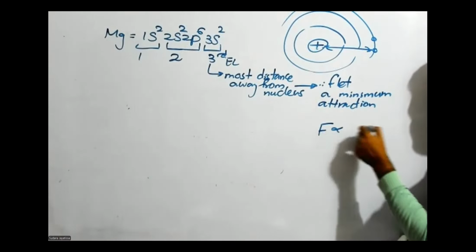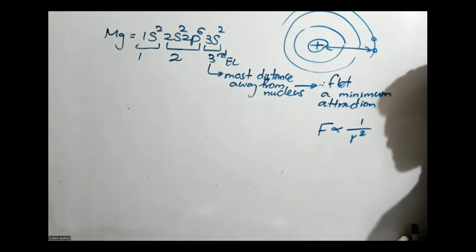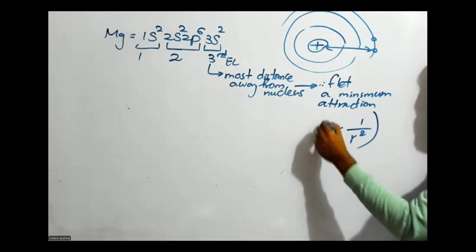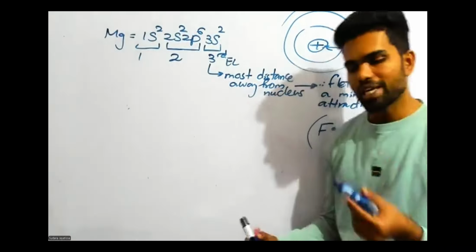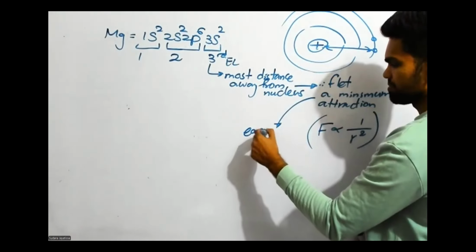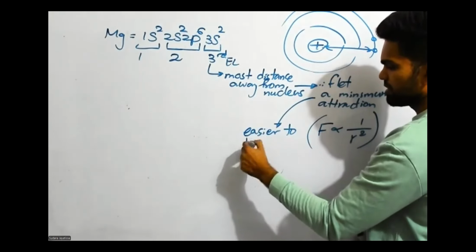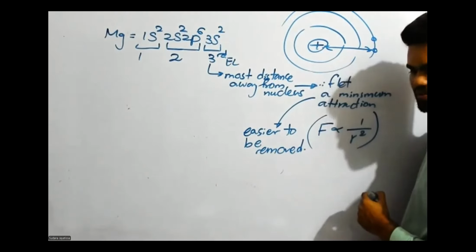Coulomb's law says force is inversely proportional to the square of the distance. So once the distance is higher, it feels very low attraction, which means it is easier to be removed.